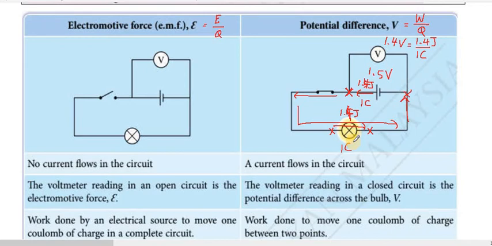If the label of the dry cell is 1.5 volt, it means that every 1 coulomb that comes out should have 1.5 joule. But the reality is, when the charge comes out of the dry cell, it has less than 1.5 joule. What is the reason?